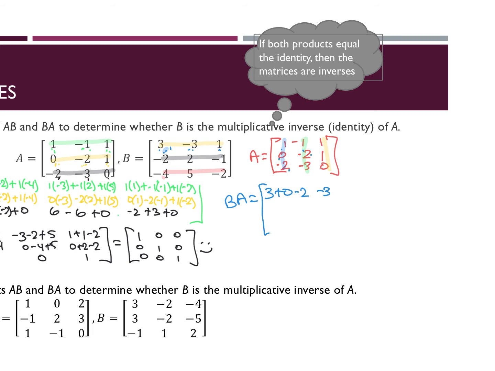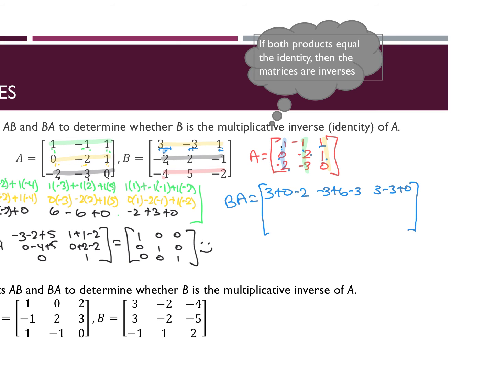Negative 3 times negative 2 is positive 6. 1 times negative 3 is, nope, sorry, negative 3. And then we'll take the yellow row into the yellow column. So 3 times 1 is 3. Negative 3 times 1 is negative 3. And 1 times 0 is 0.